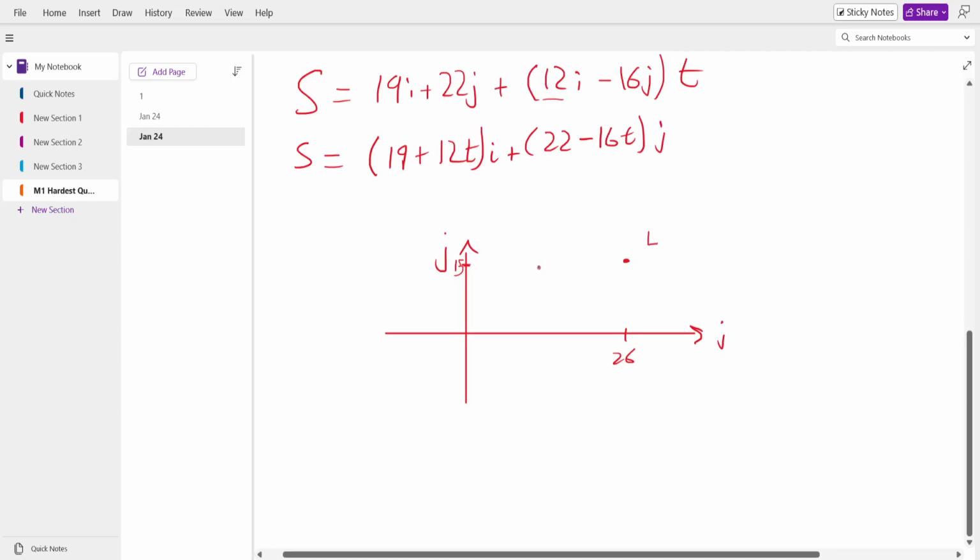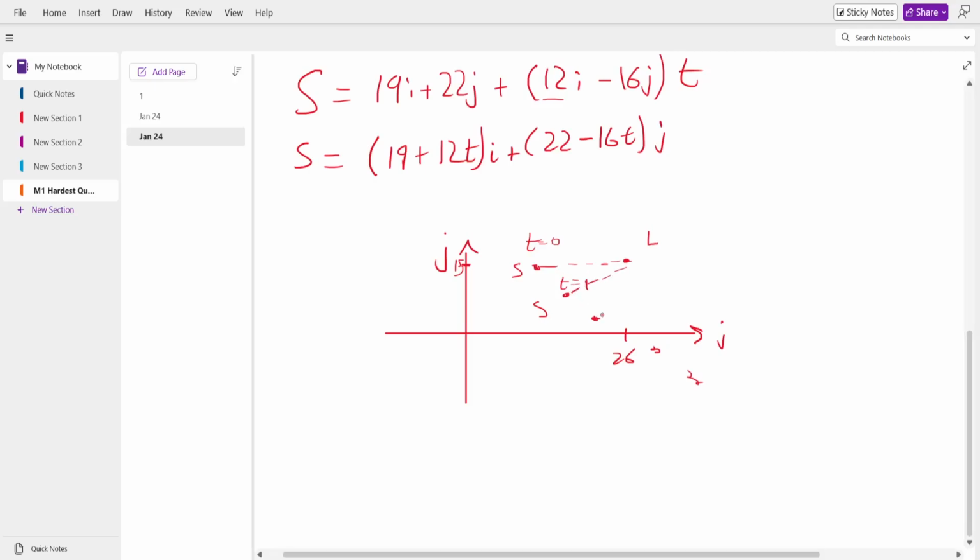The ship is somewhere, but it's moving every single hour. Maybe it's moving at a constant velocity, so it's moving like this. Let's say this was the ship at time t equals 0. At time t equals 1, the ship was here, and so on. So the distance between the lighthouse and the ship when time equals 0 is this. The distance between the lighthouse and the ship when time equals 1 is this.